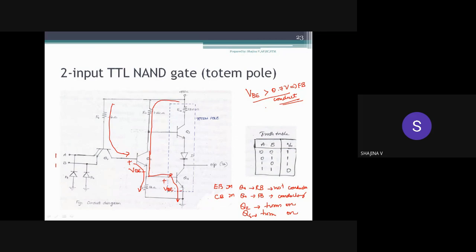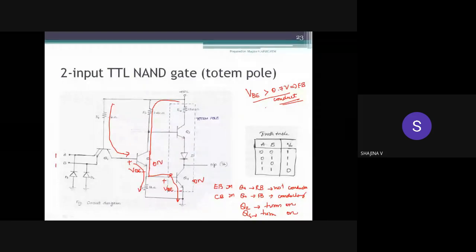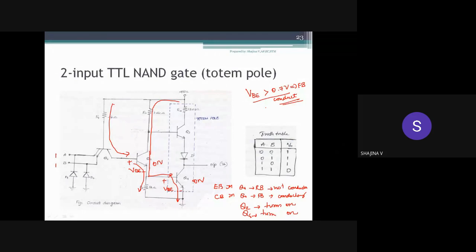So here we can say in this condition Q2 is on, Q4 is on, and what is the status of Q3? For Q3, as you know, here this transistor is conducting, or this path is conducting. So a current always chooses the less impedance path, the more conducting path. So here, since the transistor is on, this current will choose this path.